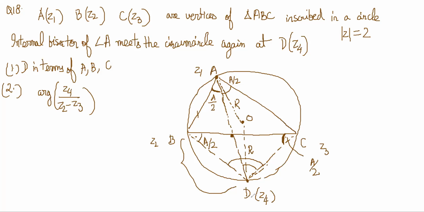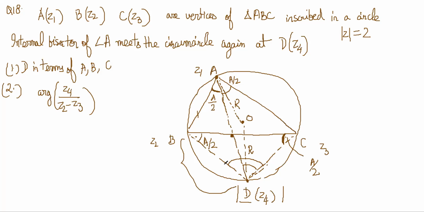We have to find the coordinate of D finally, right? So we can write CD in terms of DB. We can write Z1 minus Z4 divided by its own distance equals Z3 minus Z4 into e power i times minus A. You are using the rotation formula.